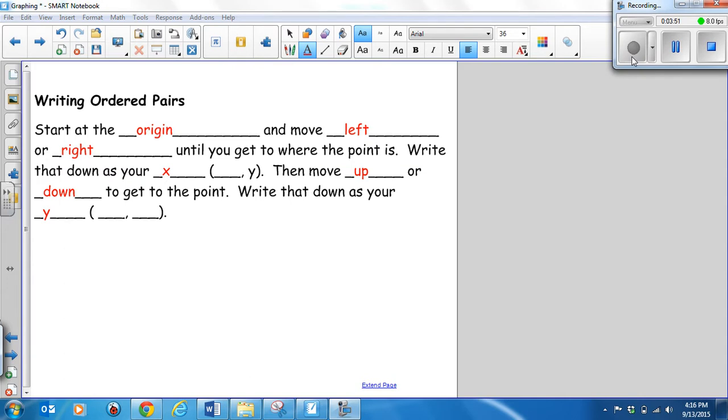So you start at the origin, and then you move left or right until you get to where the point is lined up with that number on the x-axis. You write that number down as your x. You then move up or down to get to the point, and the number of spaces you move up or down, you write that down as your y coordinate. So you would have x, y recorded, but you would have the numbers.